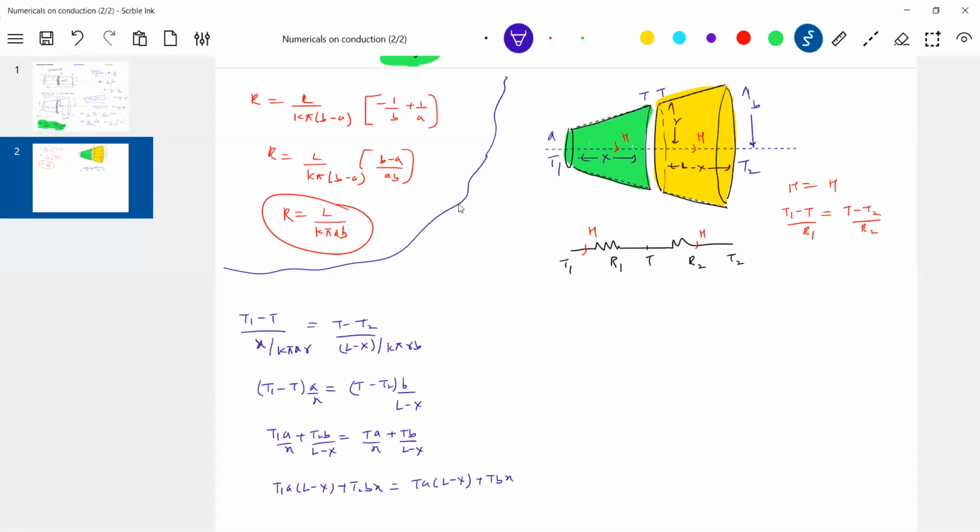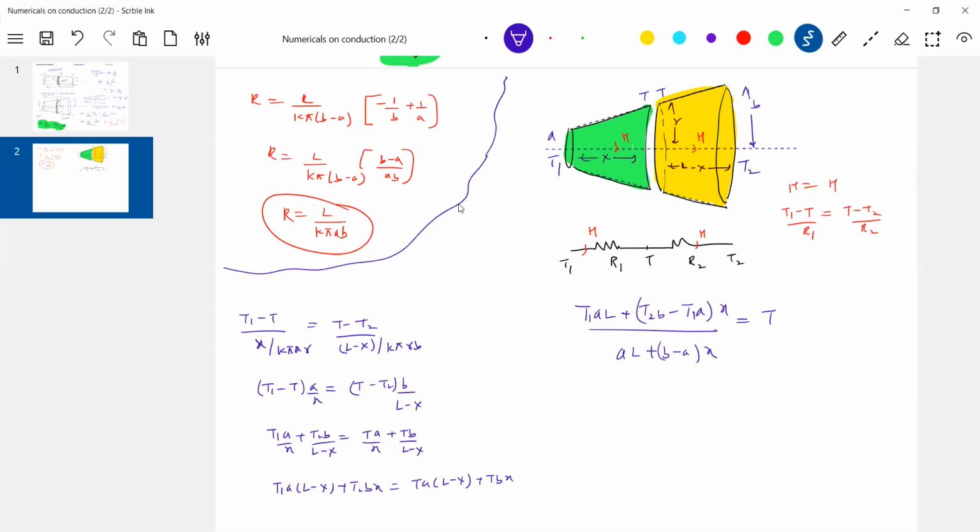Let's solve for T. This will be T1AL, T2B minus T1AX by A into L. What is the temperature at a distance X?